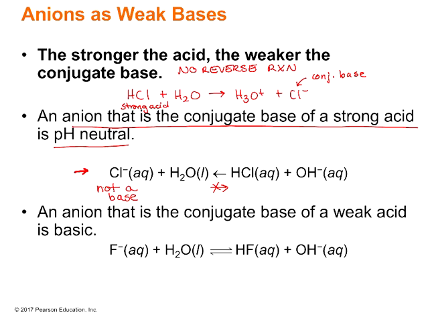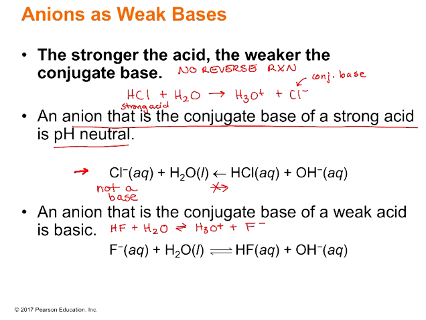Now, what if we have a weak acid, such as hydrofluoric acid? We've seen before that hydrofluoric acid reacts with water to produce hydronium ions and fluoride ions. And those fluoride ions can react with an acid to reproduce hydrofluoric acid.